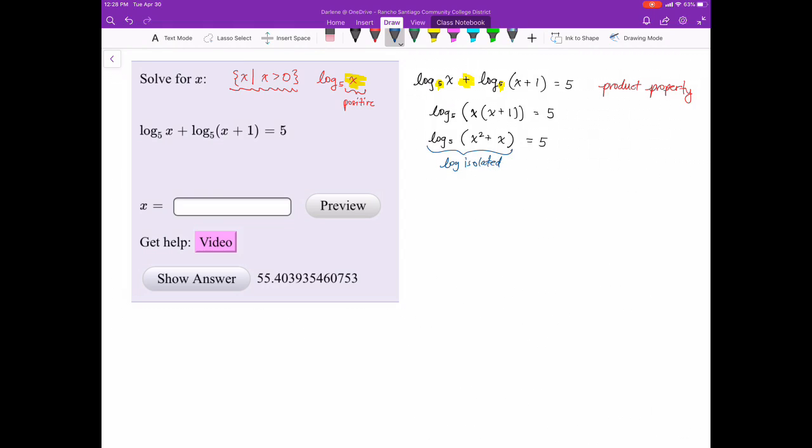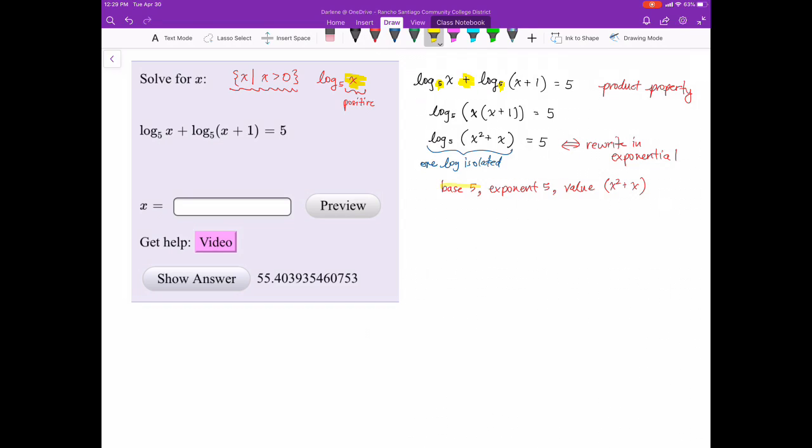Great. Now notice that we have the log part isolated on one side, with only one log. So this means we can go ahead and apply the definition and rewrite in exponential form. And remember what that means. We're going to use a base of 5, an exponent of 5, and the value will be the argument of the log, which is x squared plus x.